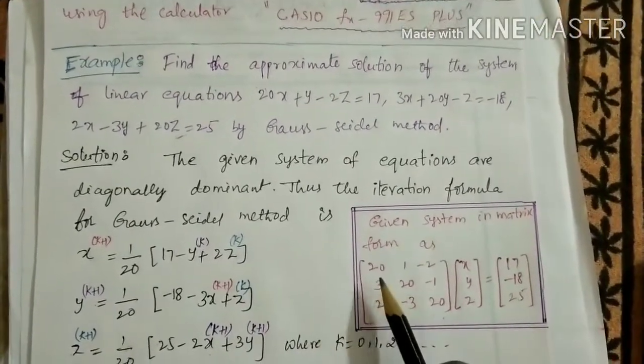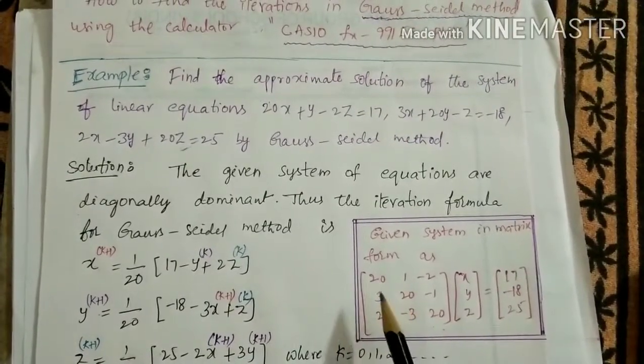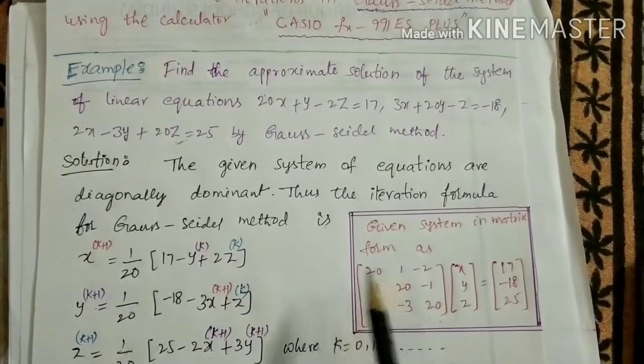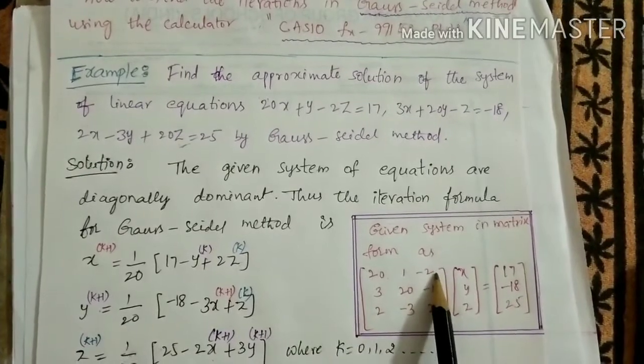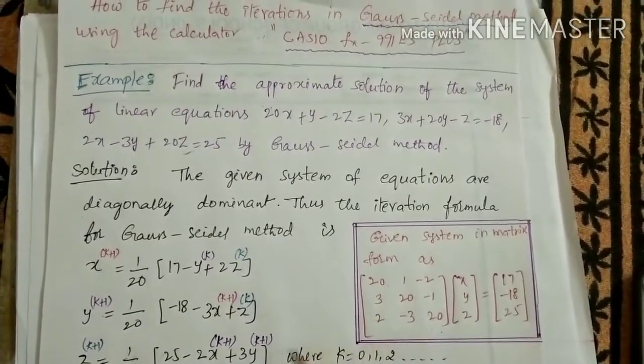So in this we can see the diagonal elements 20, 20, 20. These elements are satisfying the condition that modulus of diagonal element is greater than or equal to sum of modulus of other elements in the same row, so that the given system of equations are said to be diagonally dominant.